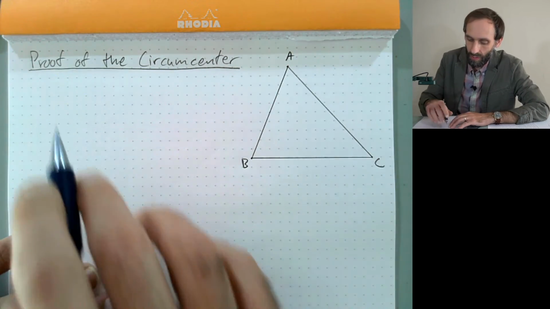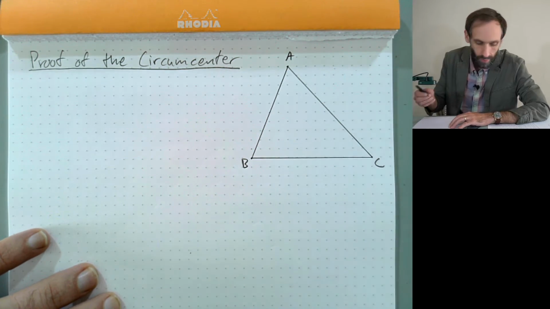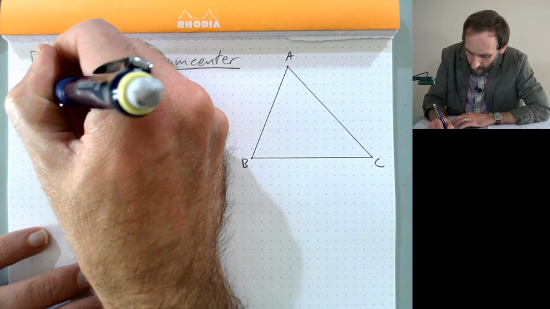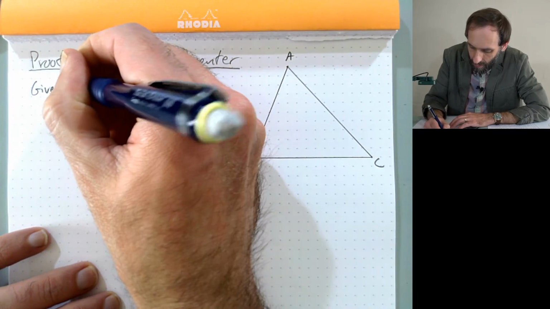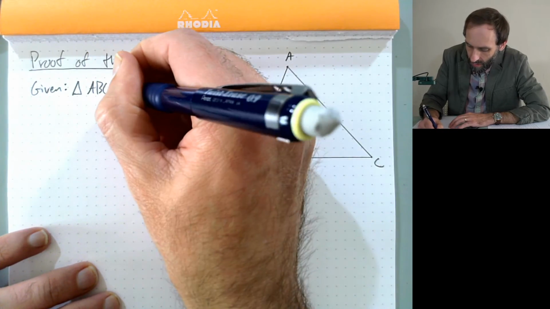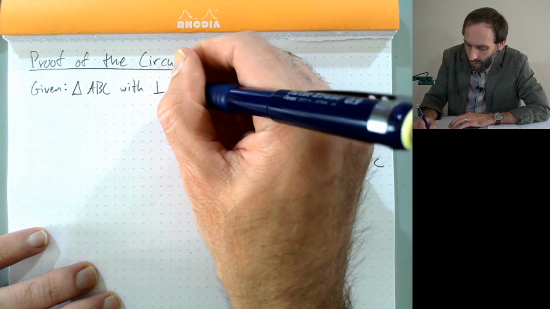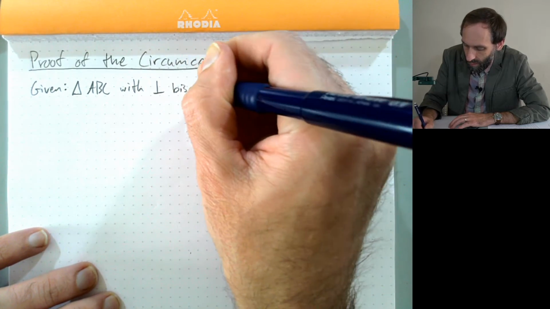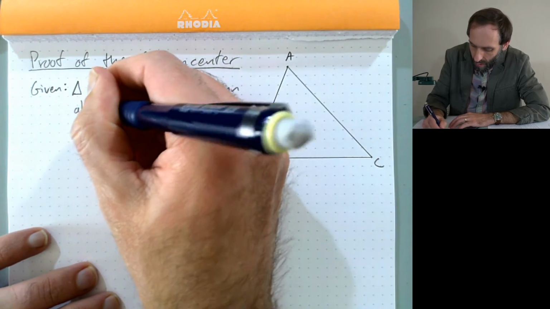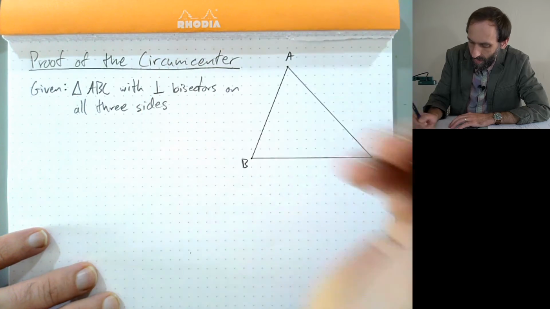Okay, so let's look at the proof of the circumcenter construction. And the given for this proof will be that I'm given a triangle, I'm going to call that triangle ABC, with perpendicular bisectors on all three sides.